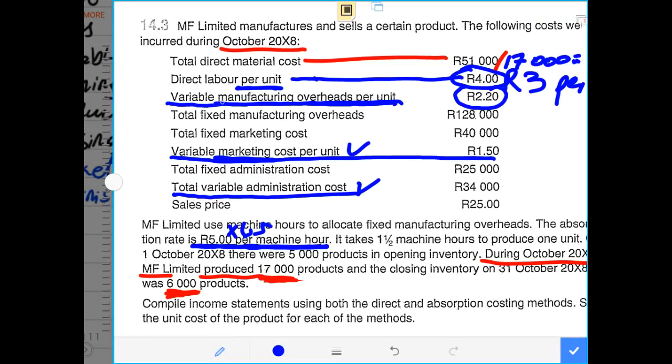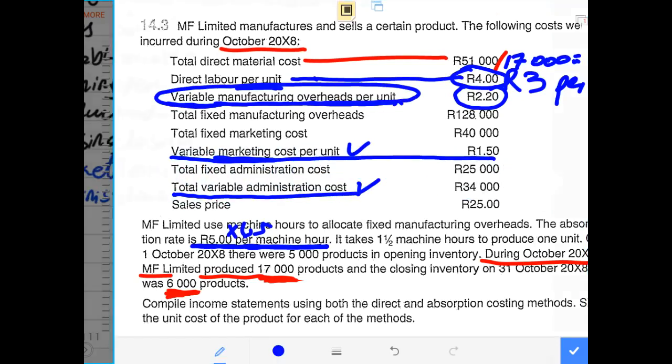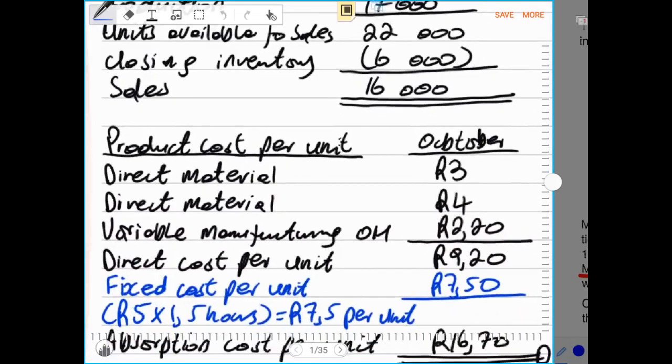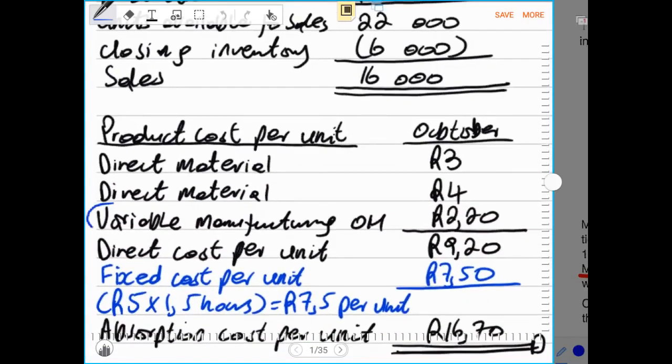The reason why we don't add this variable manufacturing overhead cost per unit here at the bottom is because it was already taken into account when we calculated our cost per unit. We don't have to double record our variable cost.